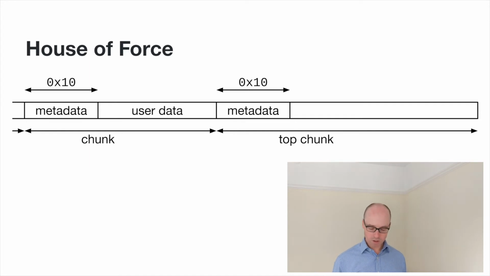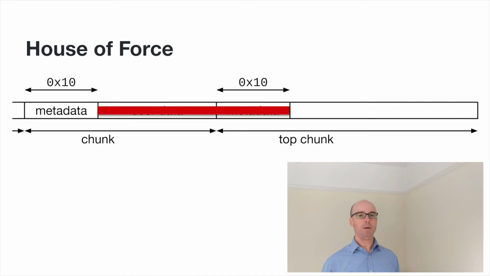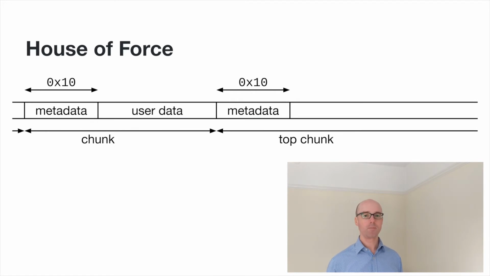Now, the concept of the house of force is to use a vulnerability, something like a heap buffer overflow, to overwrite the metadata of the top chunk. And what it does is it makes the top chunk look like it's extremely big. So under normal circumstances, the top chunk would not be that big. I mean, probably no more than 0.5 megabyte.